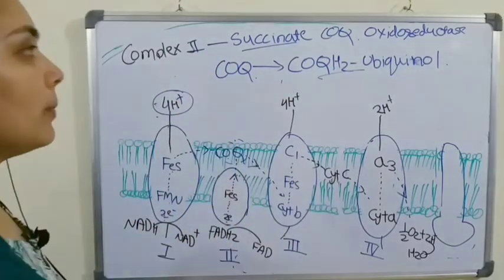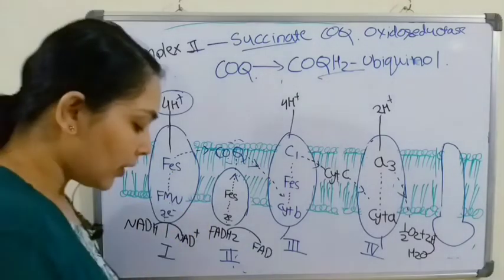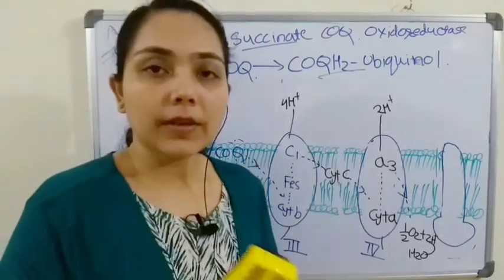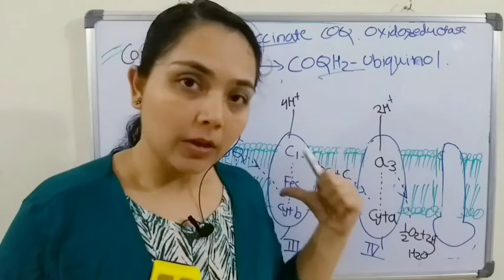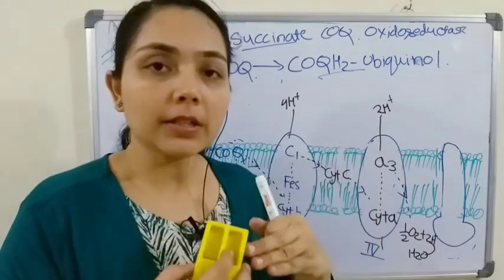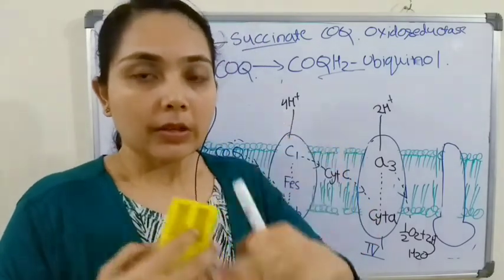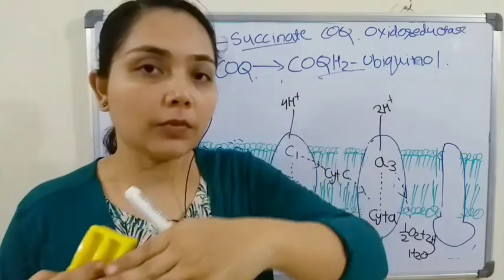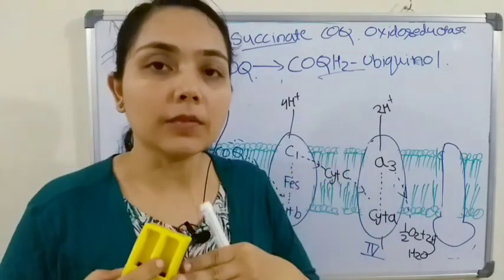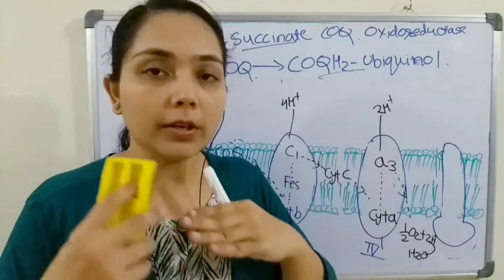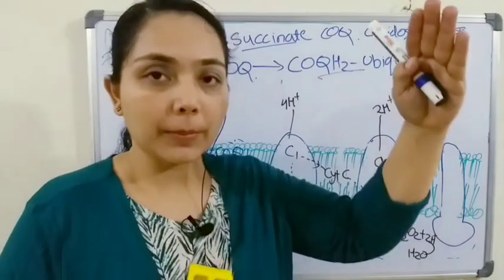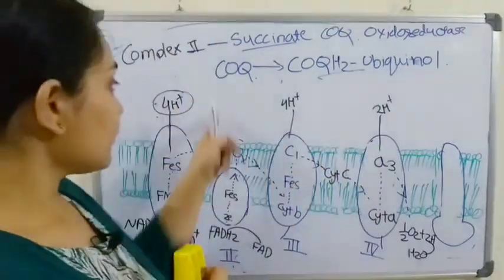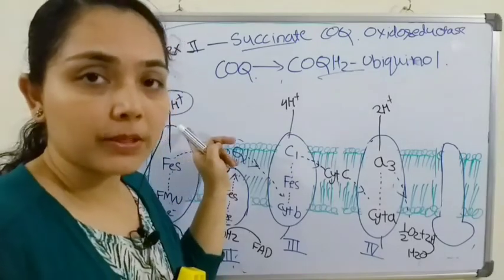Now we'll talk about complex 3. One more thing: as we already saw in complex 1, the energy released during the transfer of the electrons will pump protons from the matrix to the intermembrane space, 4 protons in total.